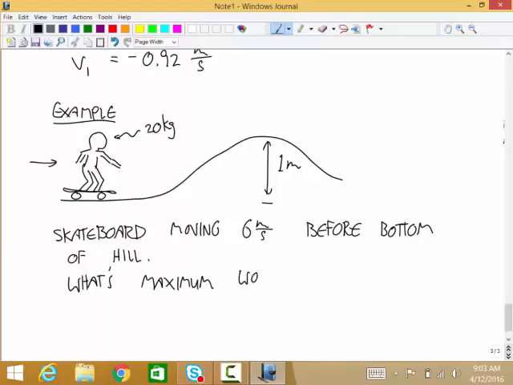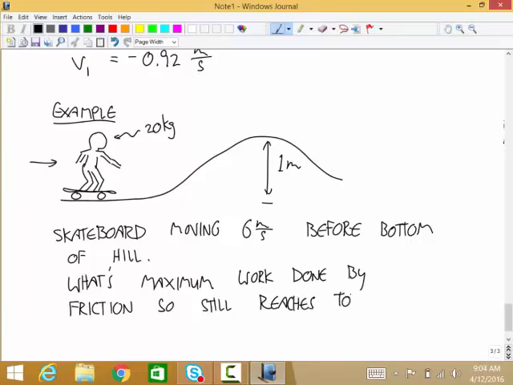What's the maximum work that could be done by friction so that the kid still reaches the top of the hill? Who feels like you are in a reasonable place to take a crack at this?